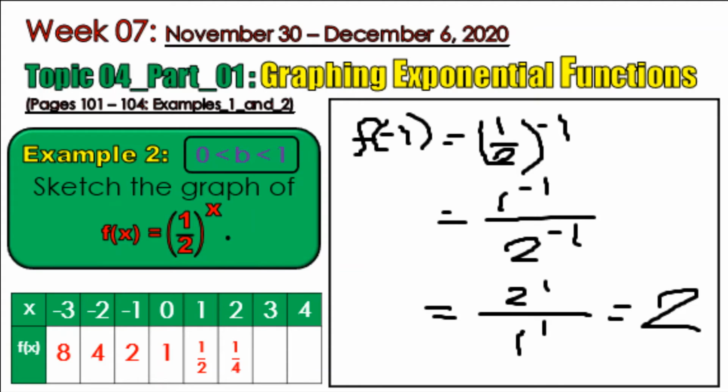When your x is 2, your f of x is 1/4. If your x is 3, 1 cubed is 1 and 2 cubed is 8, so 1/8. If your x is 4, 1 raised to 4 is 1 and 2 raised to 4 is 16. So when your x is 4, your f of x is 1/16.